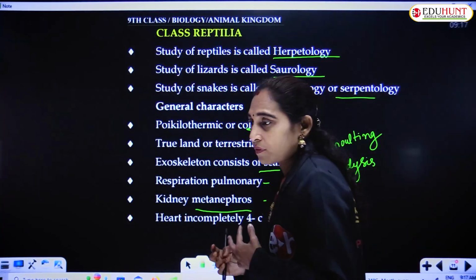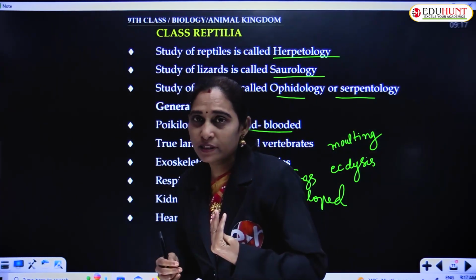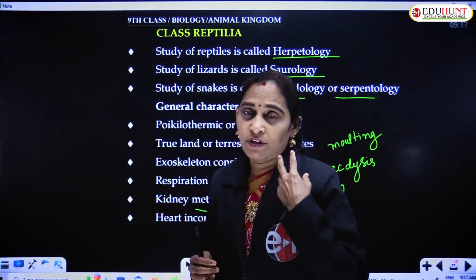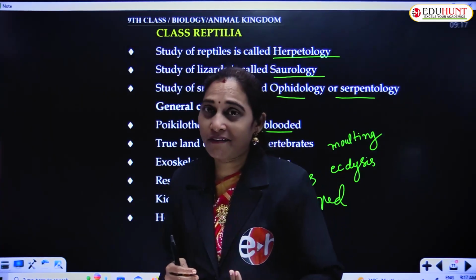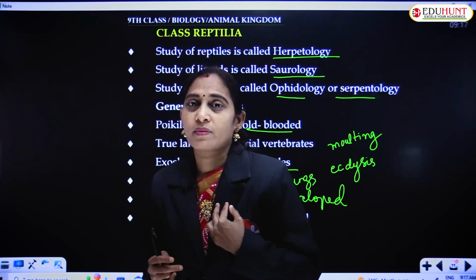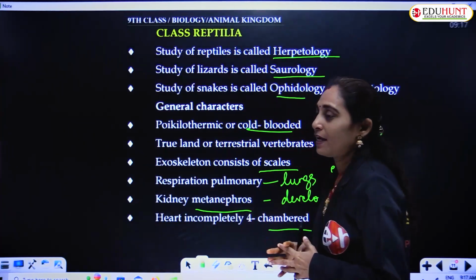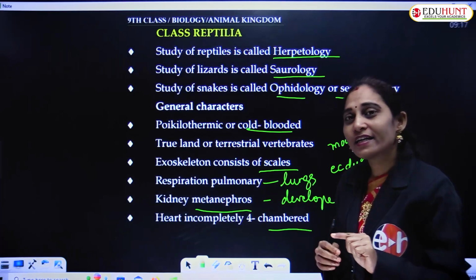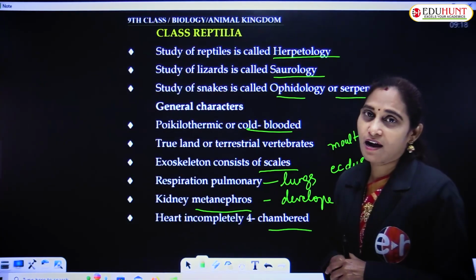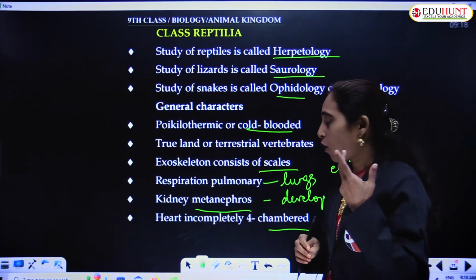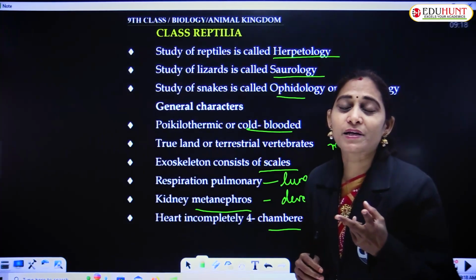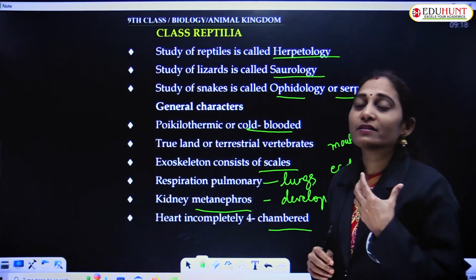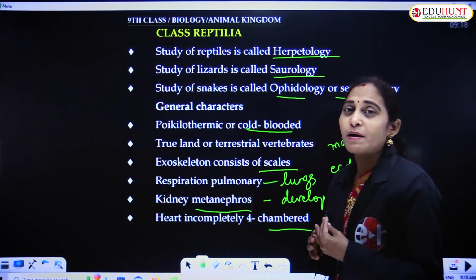Our heart is a four-chambered heart. We have two auricles or atria and two ventricles. But reptiles have an incompletely divided four-chambered heart. That is, the two atria are completely divided, but the ventricles are not completely divided.